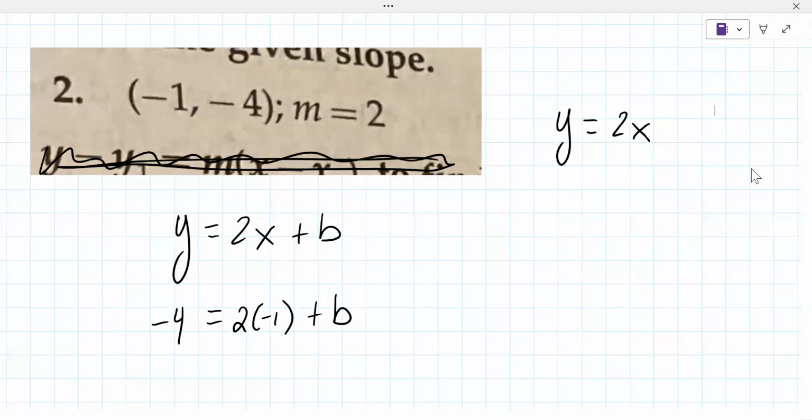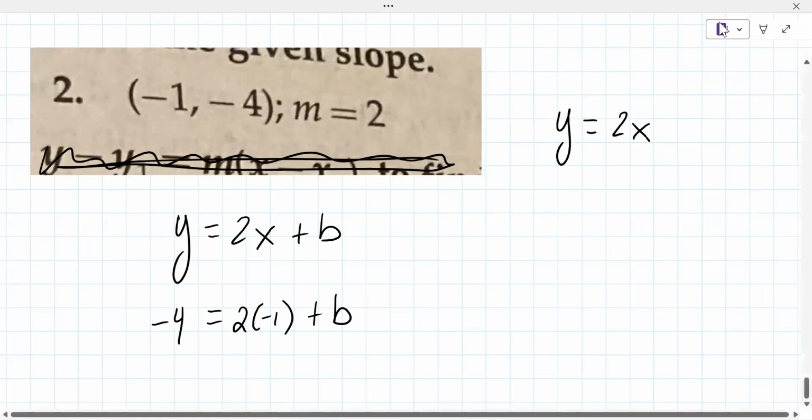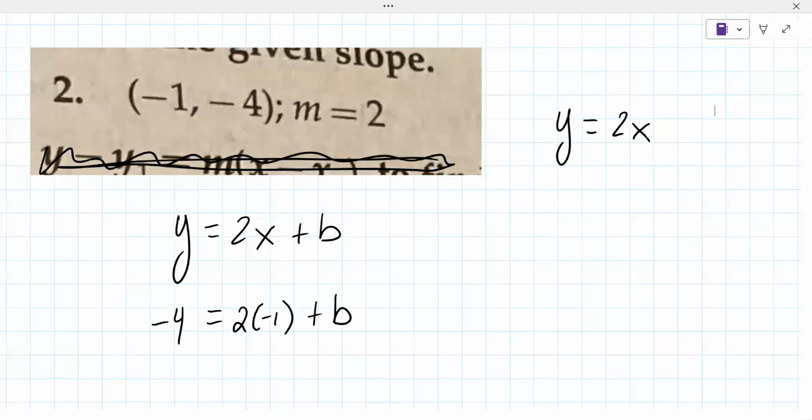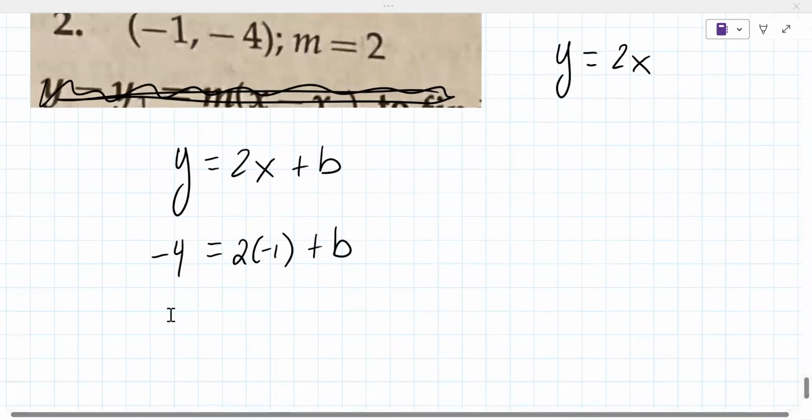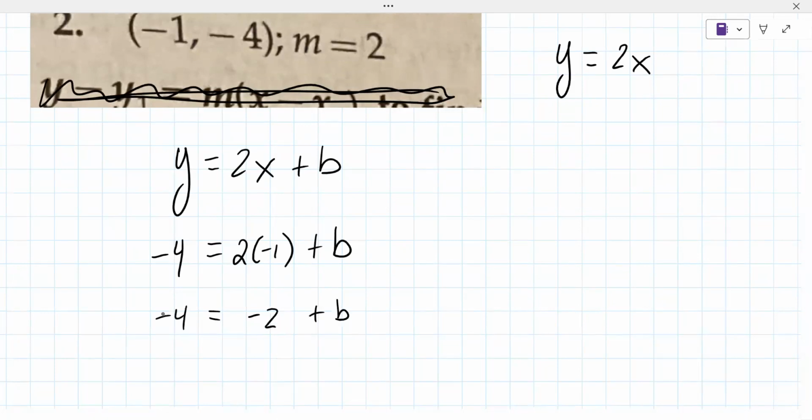I think I was reading the y as a second 4 for some reason. So -4 equals 2 times -1 plus b. 2 times -1 is -2.